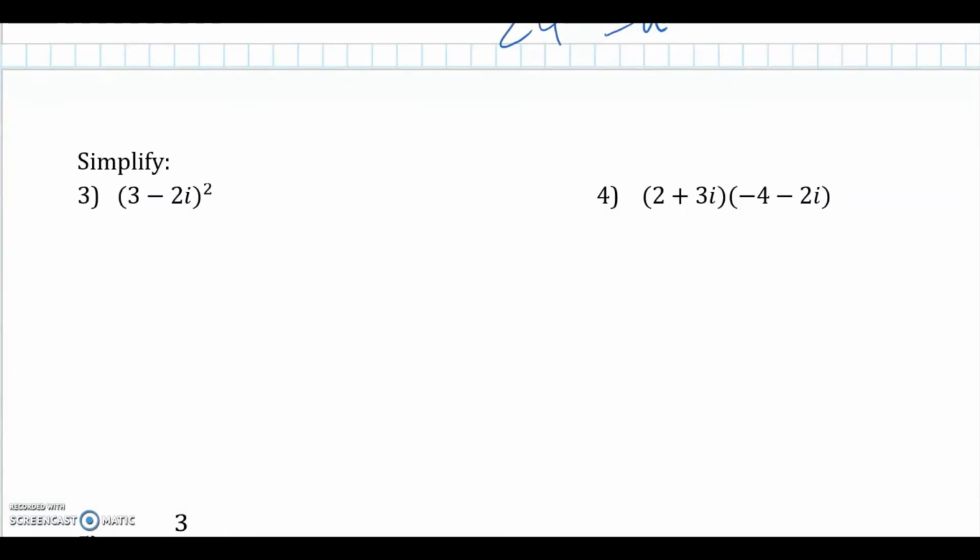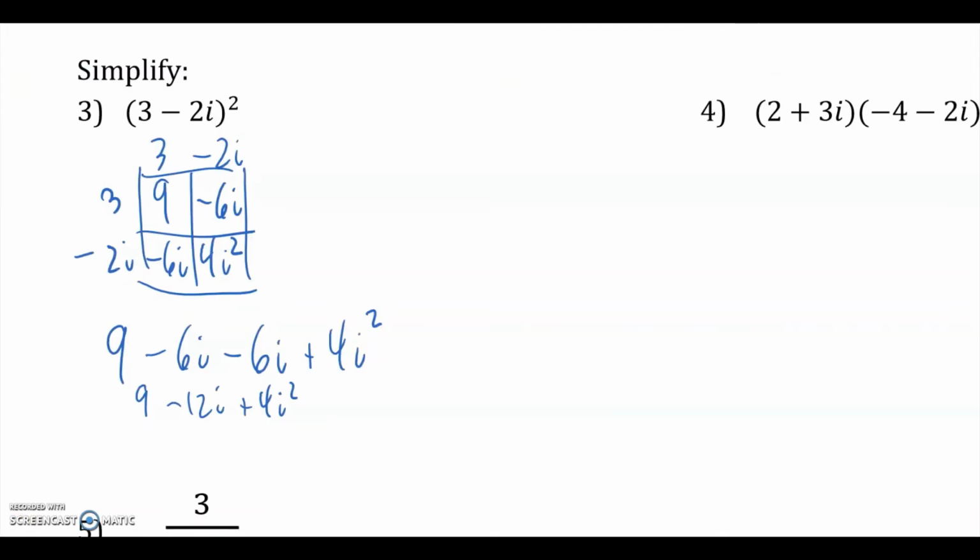Next, some complex numbers. I can FOIL this or use the kind of visual technique. 3 minus 2i times 3 minus 2i. When I do that, I get 9 and negative 12i and 4i squared. I is defined as the square root of -1.